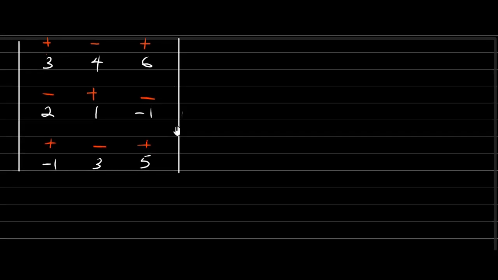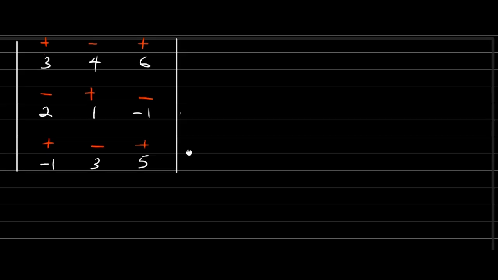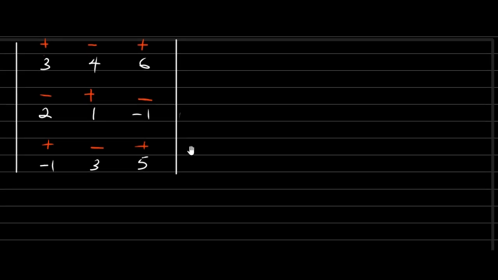All right, so I made a claim that if you want to do a third order determinant, you can expand either across the first row, the second row, or the third row. So in this chapter, I want us to verify if we are going to arrive at the same answer.